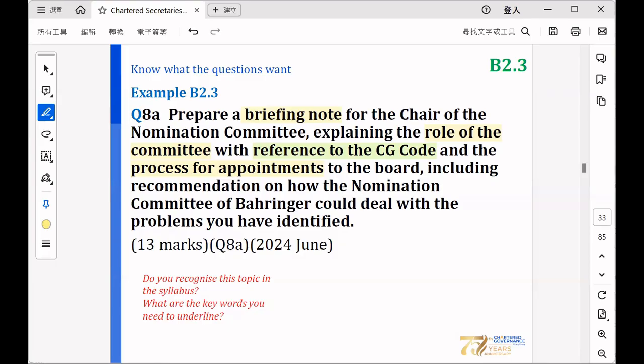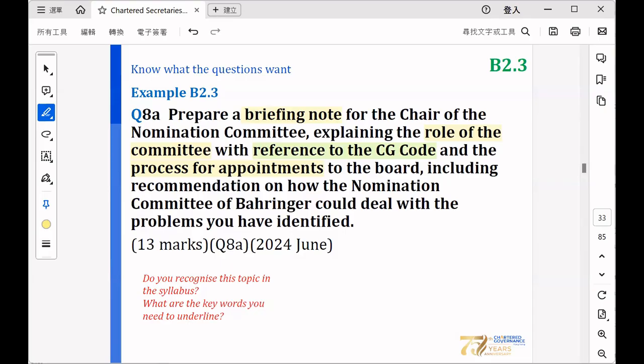So firstly, you have to understand that the process of appointment depends on objective criteria. And if you fulfill those criteria, then probably you will get appointed. Usually, the company secretary will produce a skill matrix and a diversity matrix, and you can check which area is lacking from this particular matrix.